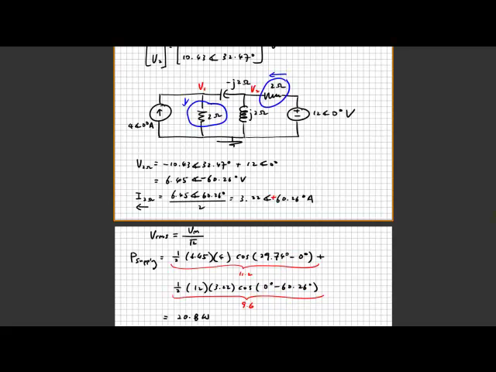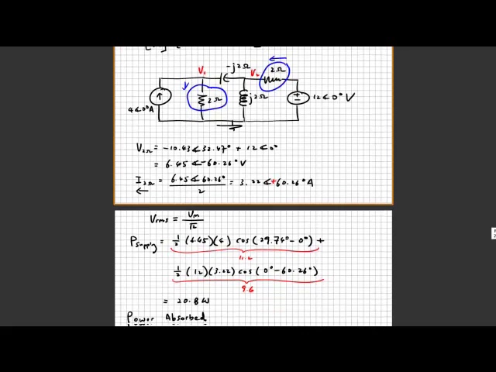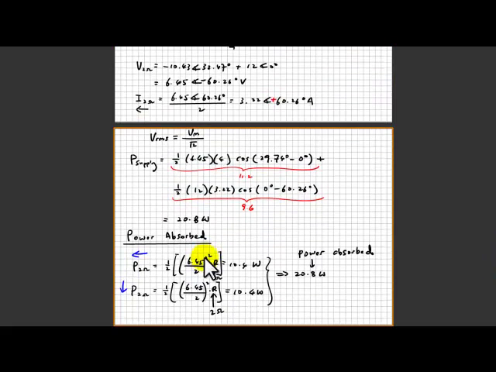The other question asked is the average power absorbed by each element in the network. So it refers to the two resistors we are talking about here. To do that, if you recall, I squared R is the power absorbed, dissipated on each element. So what we care about is the following equation. This is the I squared R, and the half again is coming from the root mean square value.